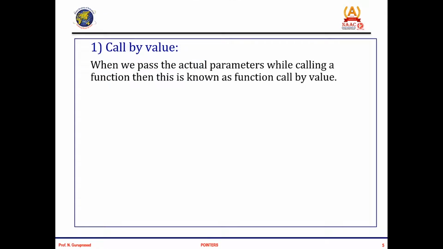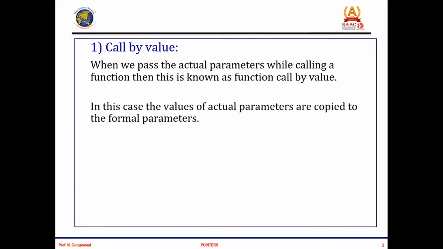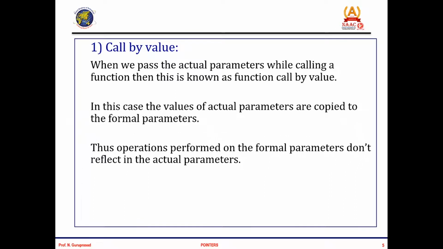The first one is call by value. What happens here? When we pass the actual parameters while calling a function, then this is known as function call by value. In this case, the values of actual parameters are copied to the formal parameters, and thus operations performed on the formal parameters do not reflect in the actual parameters.